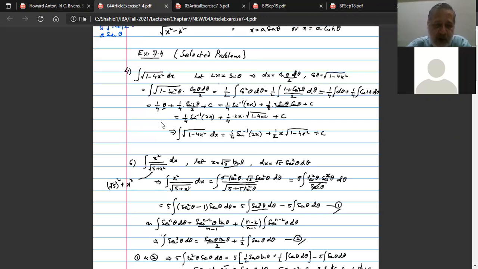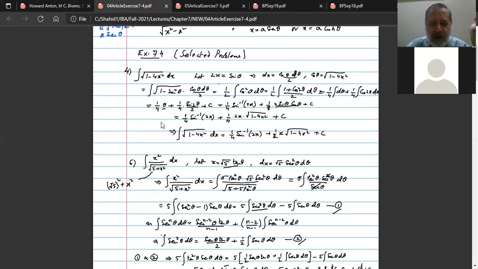1 minus 4x squared. So we have a constant minus some variable term. This variable term is the square of 2x. So instead of substituting x is equal to sine theta, we substitute 2x is equal to sine theta.